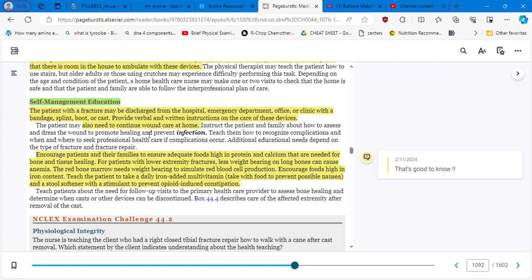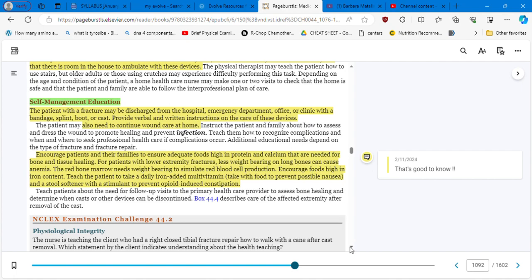Also need to continue wound care at home, but most important, please make sure the language of these instructions is within the understanding of the patient. Okay, and also make sure the patient doesn't have visual issues. If there are vision problems, you can give the instruction in the language of the patient, but the patient is not going to be able to read them.